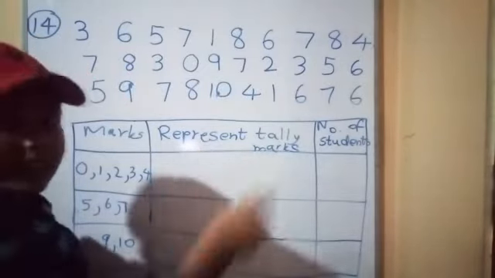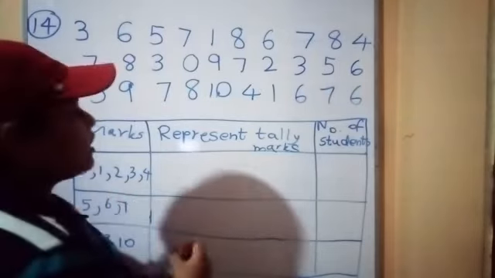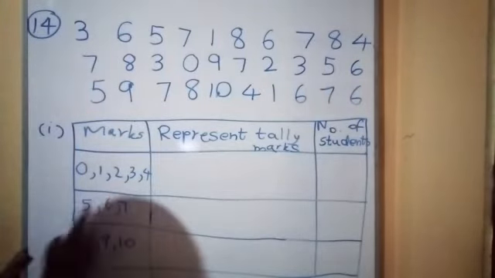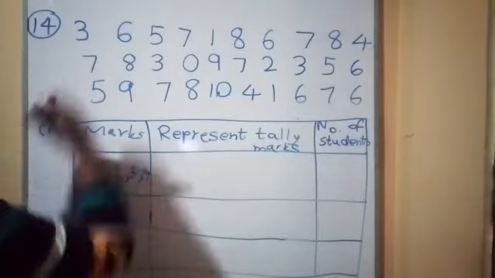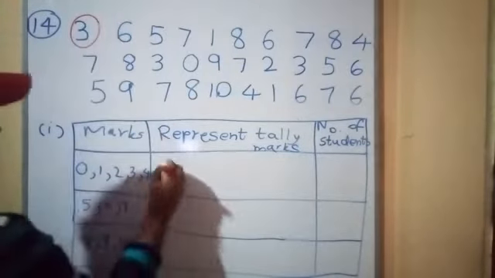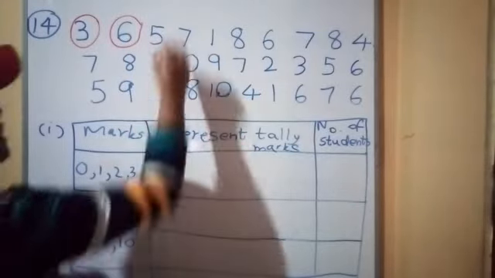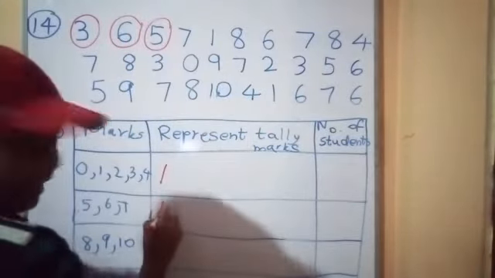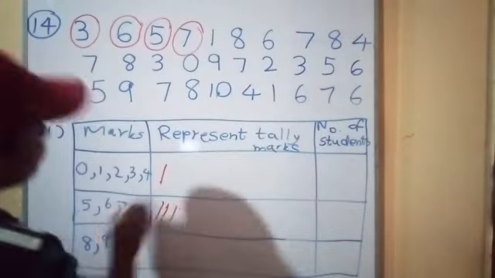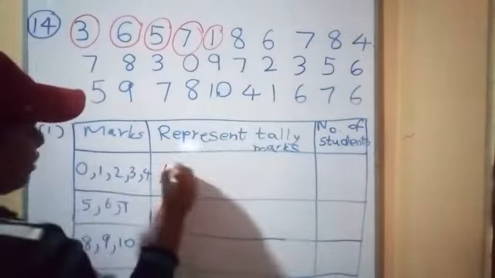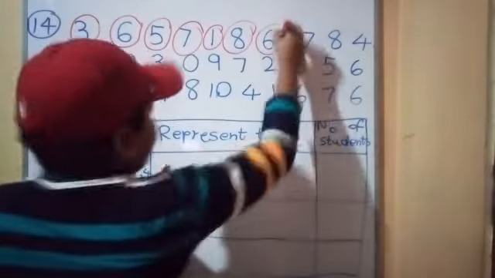The marks that I introduce are in red color. The 0, 1, 2, 3, 4 represent tally marks. Let's remember. The 3 there. 6, there are 6. 5, there I have the 5. 7, there I have the 7. 1, there I have 1. 8, there I have. Now 6 again there.